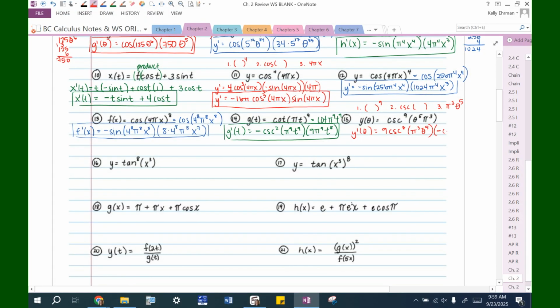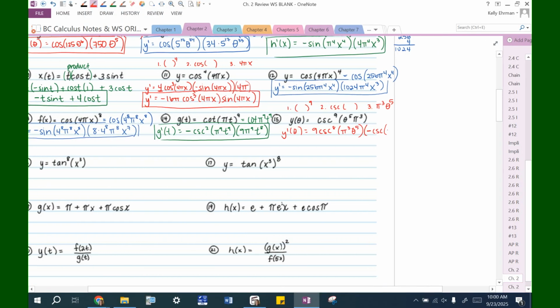Derivative of cosecant is cosecant cotangent. It's cosecant cotangent of this angle still. I am able to go off my paper, so sorry, there's not much room here. And I have to multiply by the derivative of this, so that's going to be 5 pi to the third, theta to the fourth.